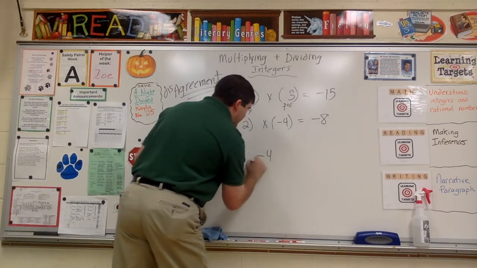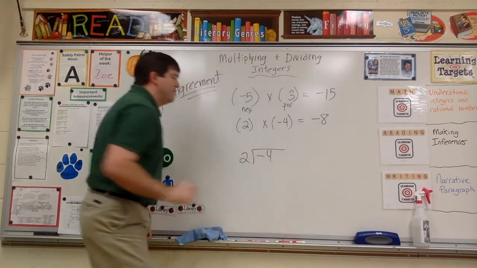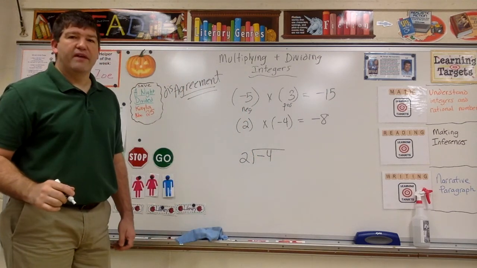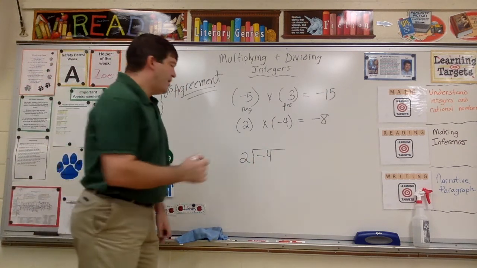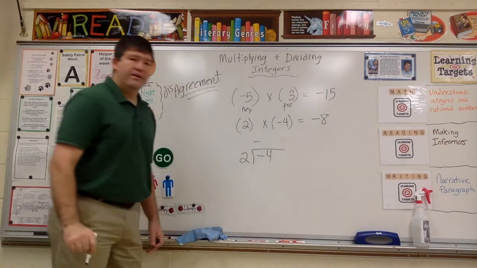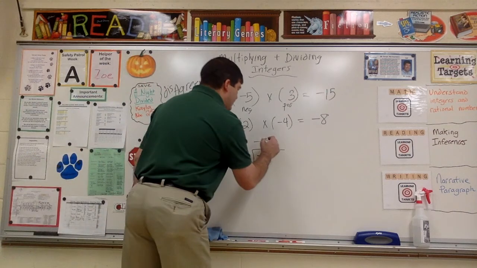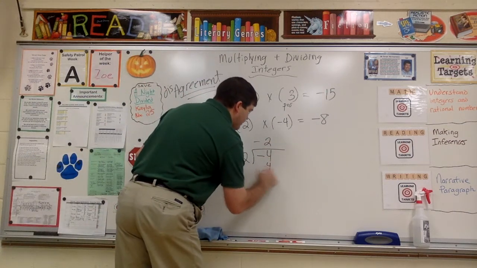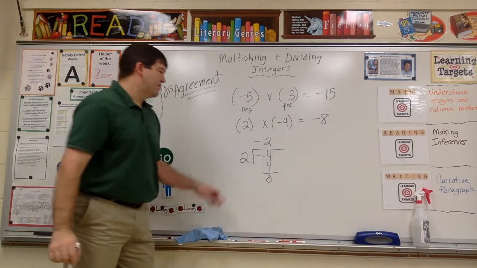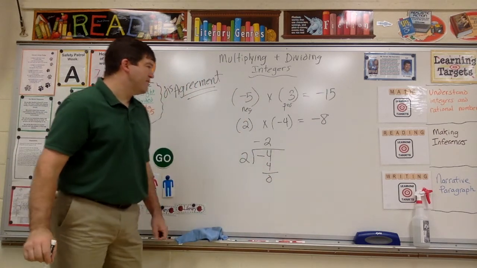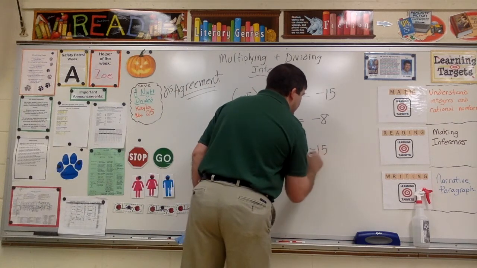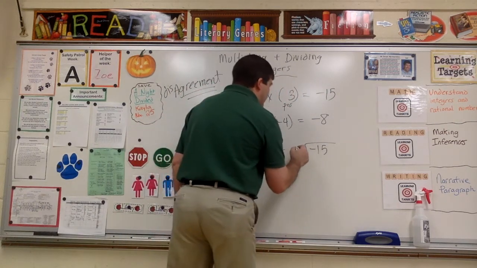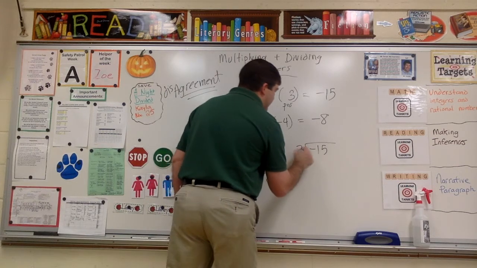Negative 4 divided by 2. This is a negative, this is a positive. They do not agree. I know I'm going to get some sort of negative number. So 2 goes into 4 2 times. Okay, so negative 4 divided by 2 is negative 2. What if I would do negative 15 divided by 3?